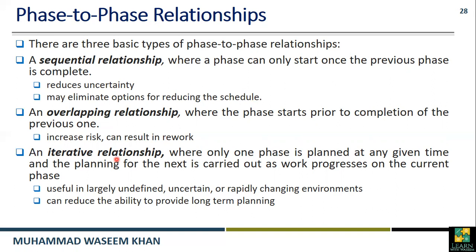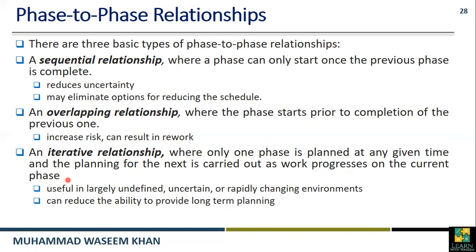An iterative or repetitive relationship is where only one phase is planned at any given time, and the planning for the next phase is carried out as work progresses on the current phase. For example, you are going to perform phase one. Phase one starts, and you are performing it.